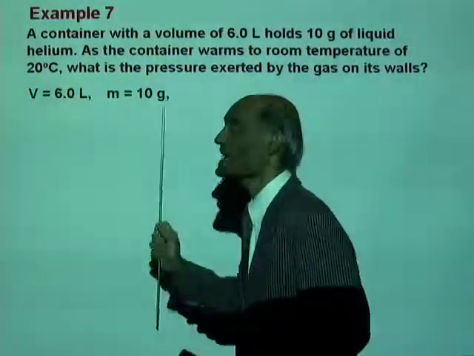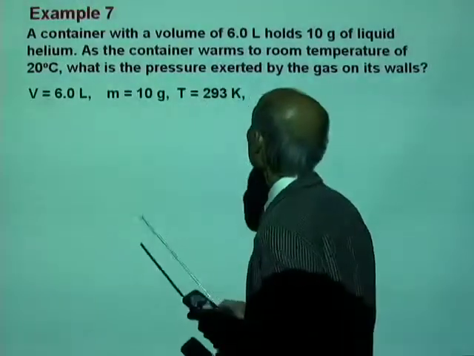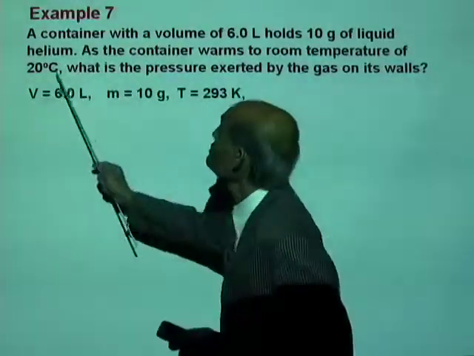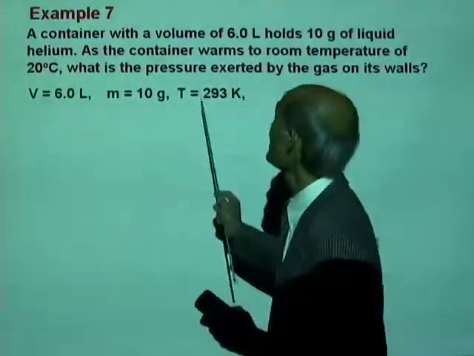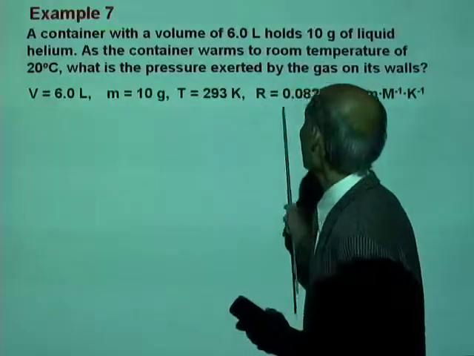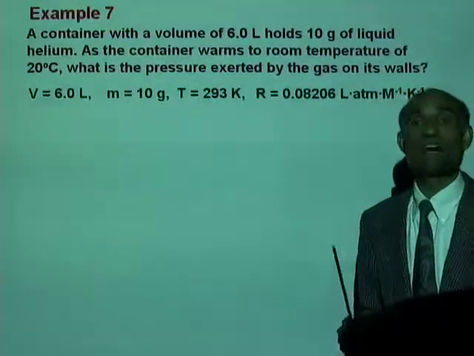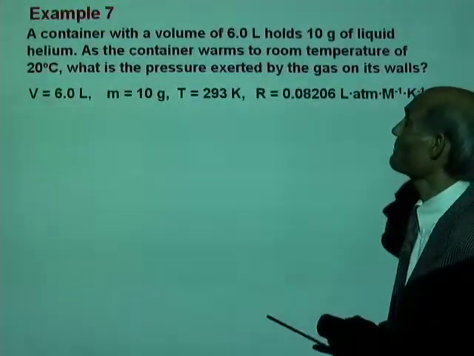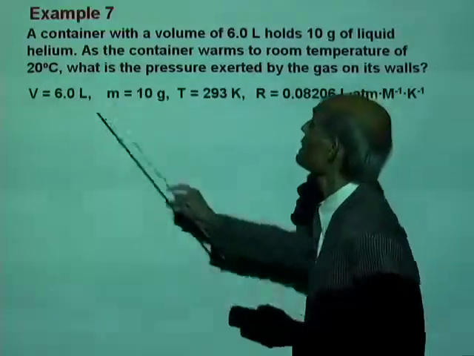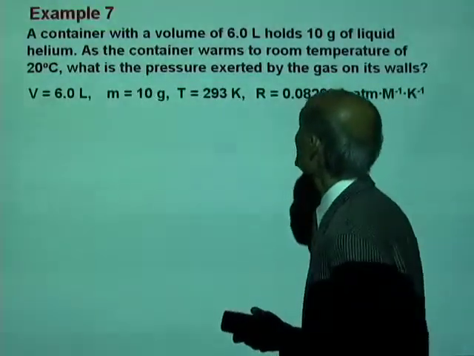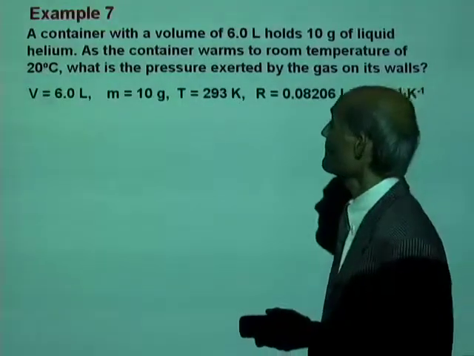Well, mass is 10 gram. The temperature is 293 Kelvin, 20 degrees Celsius: 20 plus 273 is 293 Kelvin. R is 0.08206 liter atmosphere per mole Kelvin. As the container warms to room temperature, what is the pressure exerted by the gas on its wall?